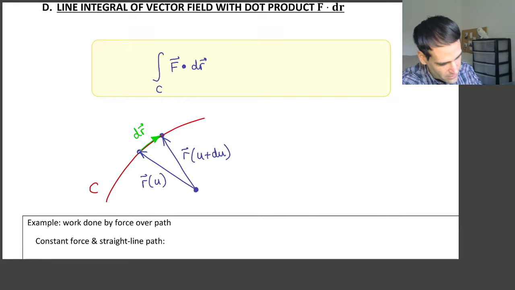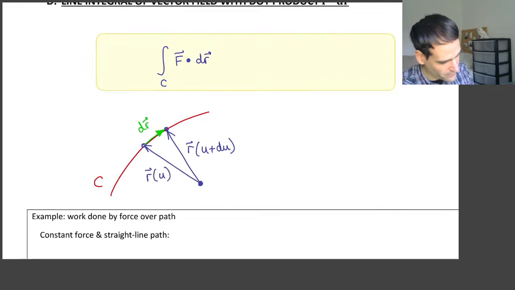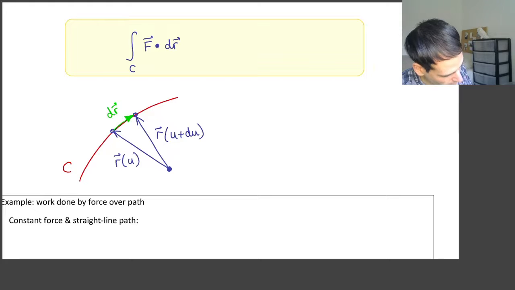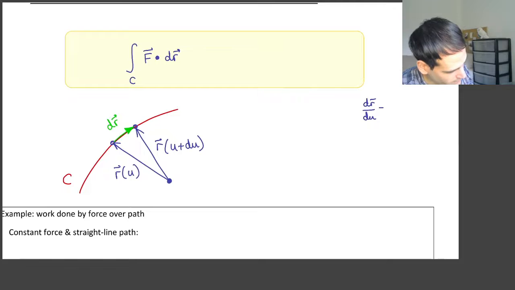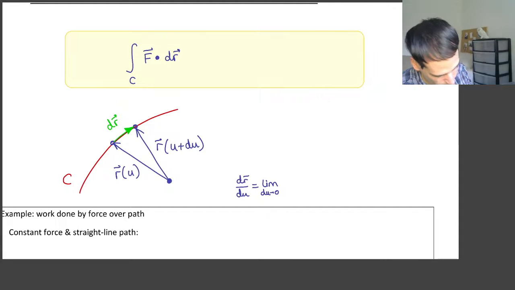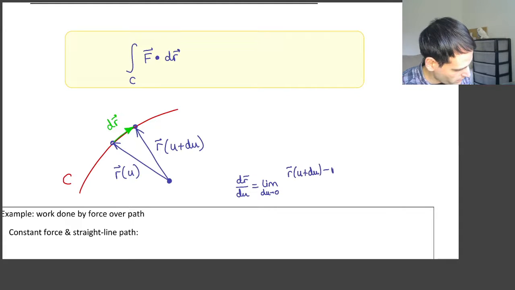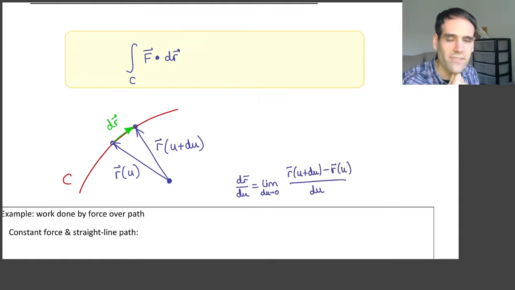That's the meaning of dr vector. If you recall the definition of the differential of a vector, this should be familiar. Also, if you recall that dr over du is defined as the limit when du goes to 0 of r of u plus du minus r of u divided by du. That's the definition of a derivative.